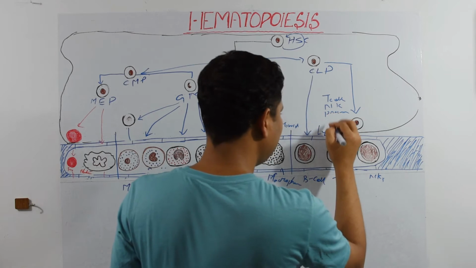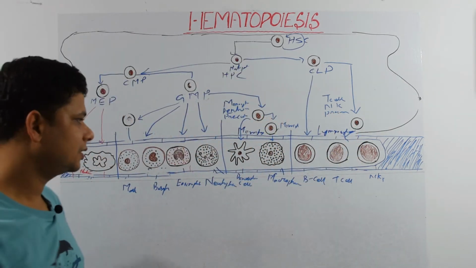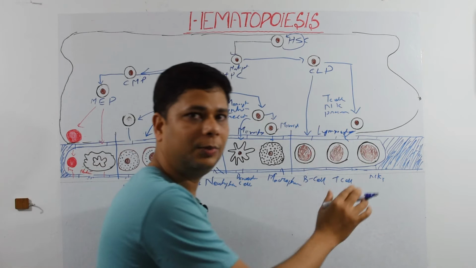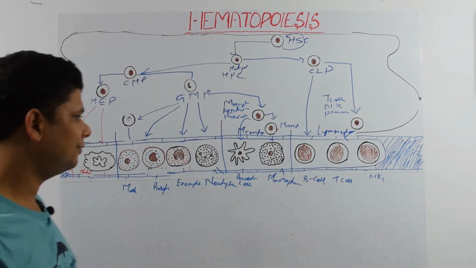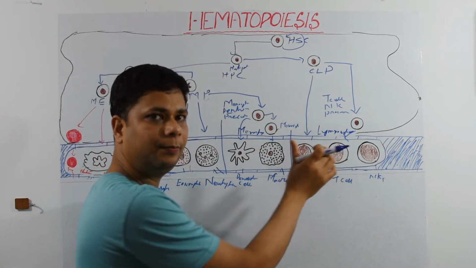And these T cells usually are formed in the thymus. The differentiation and maturation of these T cells happen in the thymus.